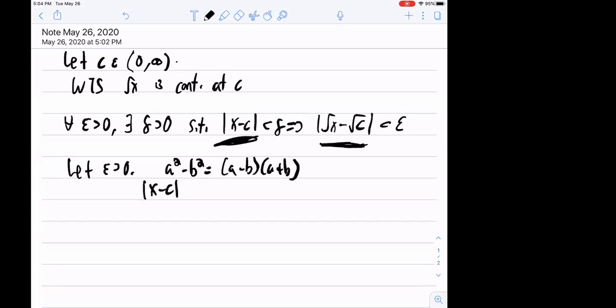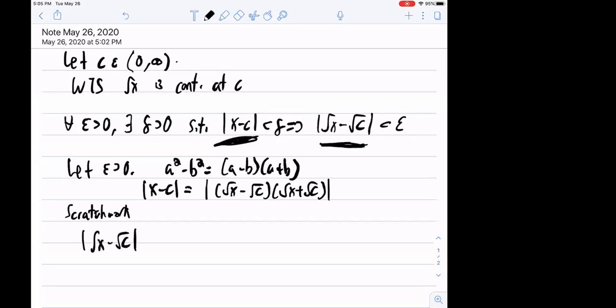So x minus c is root x minus root c times root x plus root c. Scratch work: what do we get? Root x minus root c is equal to x minus c divided by root x plus root c.